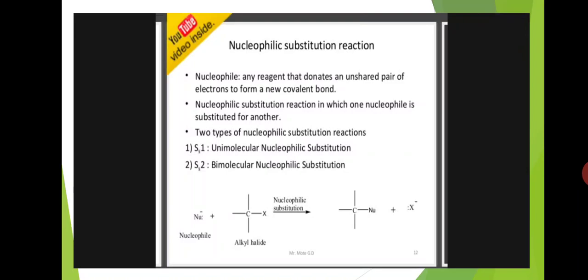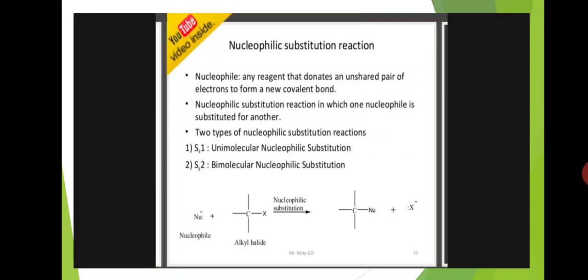A nucleophile is an atom or molecule that donates one pair of electrons to the adjacent atom and forms one new covalent bond. That is called the nucleophile.